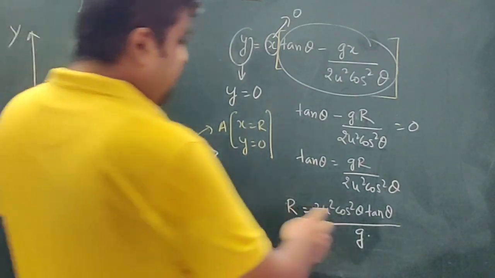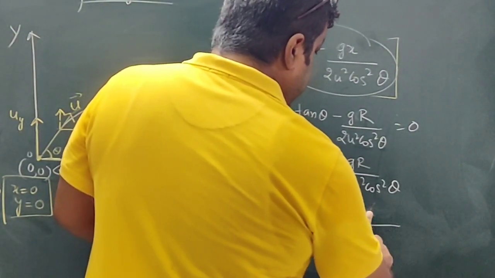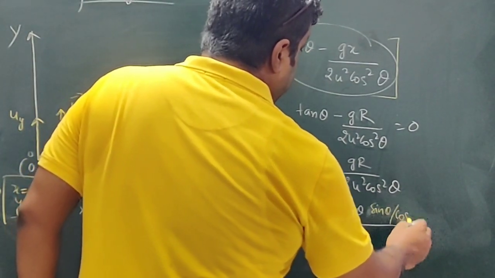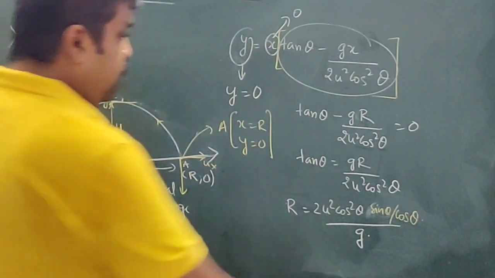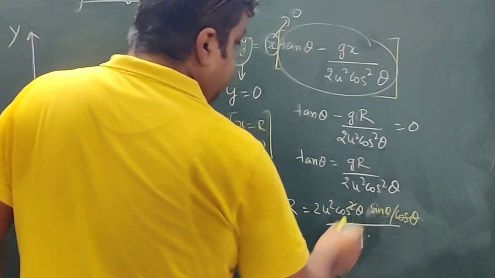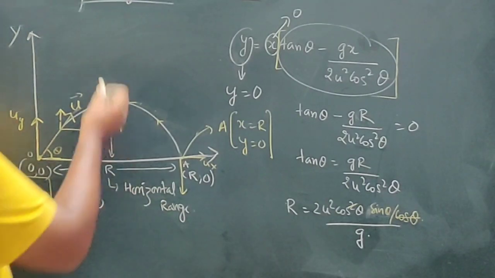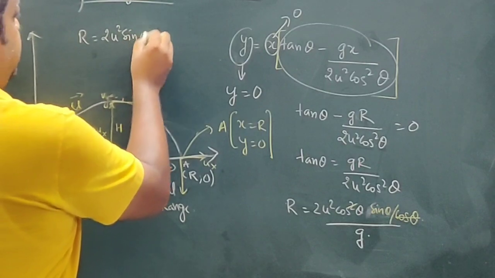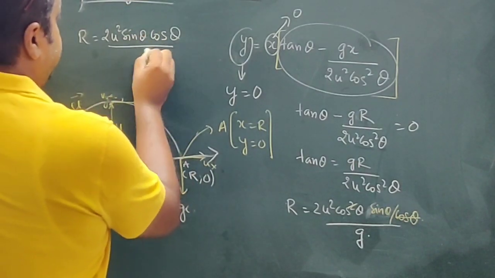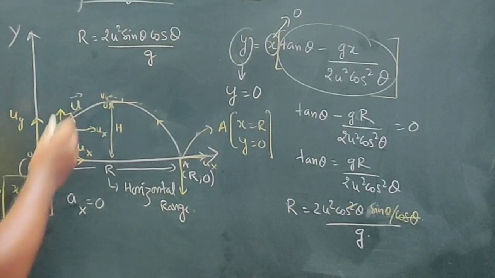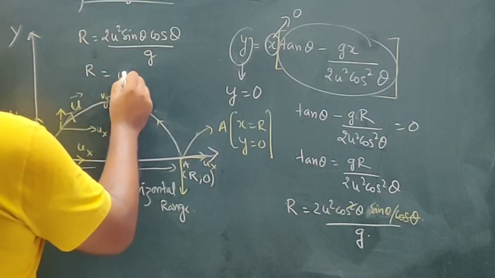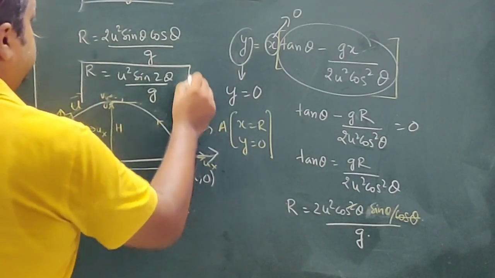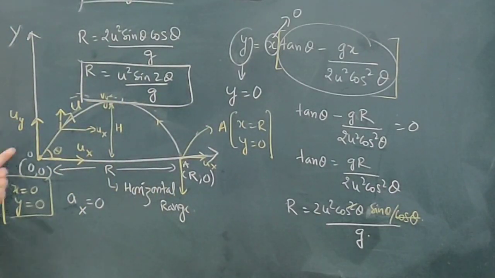What is tan theta? Tan theta is sin theta by cos theta. If you simplify this, cos theta gets cancelled, so r equal to 2u square sin theta cos theta by g. I can write it like this, or I can write r equal to u square sin 2 theta by g. So this is the expression for range, this distance.